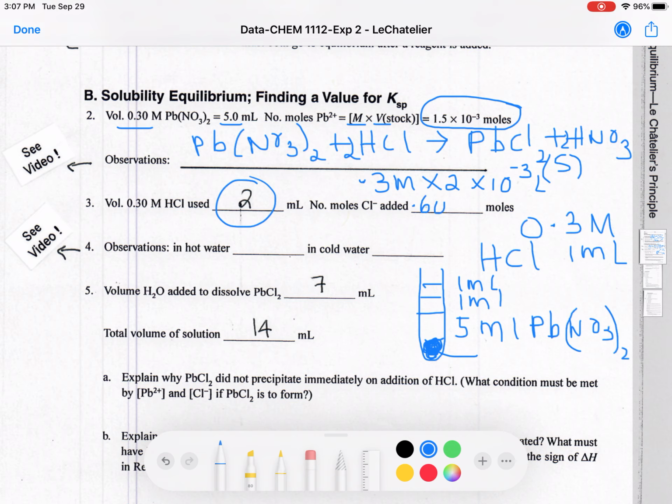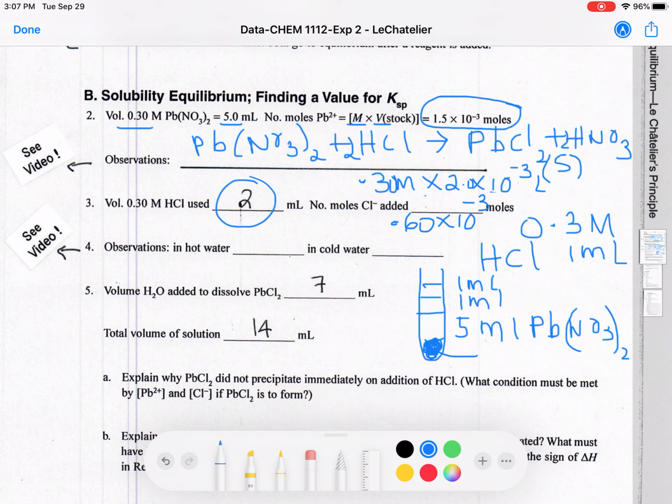Okay, 0.60 times 10 to the negative 3. You know how to do this calculation, even if I didn't write it here, you should still be able to do it. So it's going to be 0.60 times 10 to the negative 3 moles. That's the number of moles of chloride added.